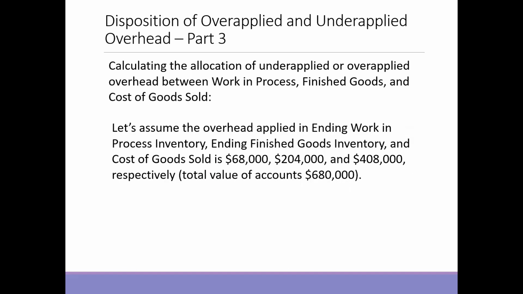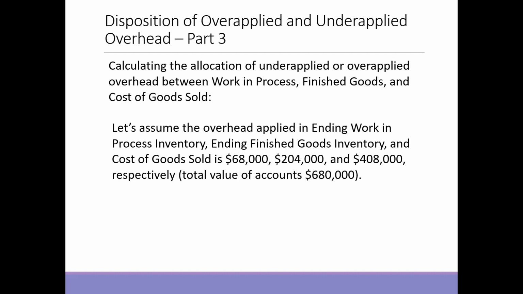Calculating the allocation of under or over applied overhead between work in process, finished goods, and cost of goods sold is just a little trickier because we have to prorate those three different accounts. The work in process ending balance is 68.